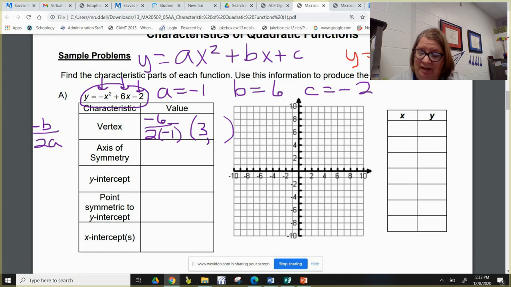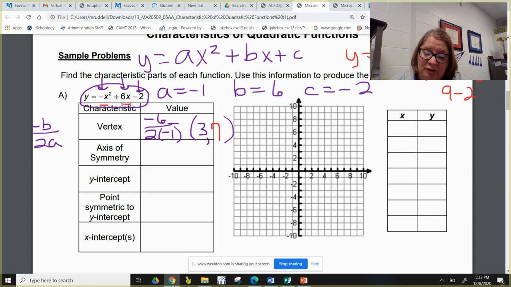The opposite is negative, so that makes that a -9 plus 18 minus 2. What have I done? I've taken what I got for -b over 2a and replaced each one of these x's with that 3. -9 plus 18 is 9. 9 minus 2 is 7. So that's the other part of our vertex, 3, 7.